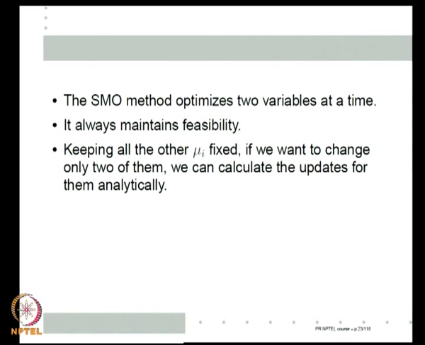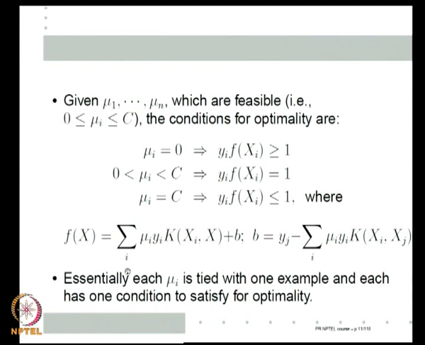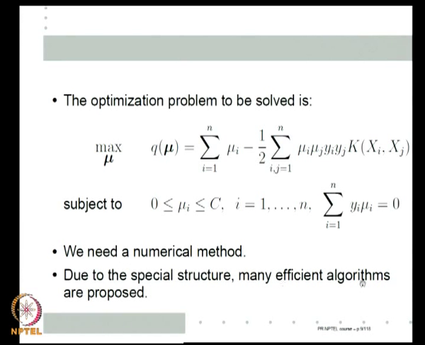Then in my quadratic form of the objective function, if I take away all the terms involving only mu 3 to mu n, then I just get some quadratic expression in mu 1 and mu 2. Now, that is very easy to optimize.